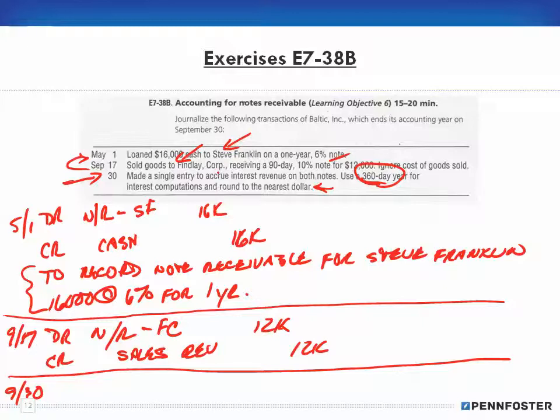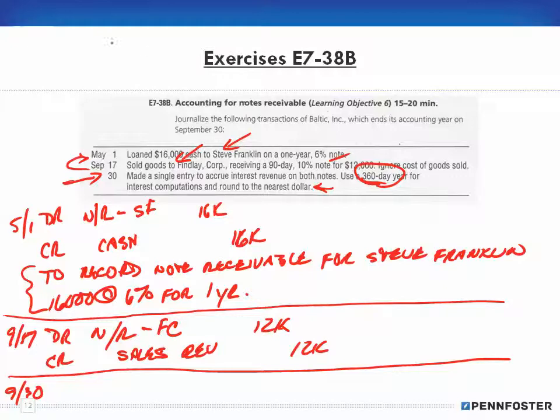That's why you would do all the interest calculations, add them up, and make the one entry, and that's why in this particular problem they're saying to make a single entry. If it was just two accounts, I would just make those two entries. It's not that big of a deal. But if I had 10 different entries, I would seriously consider doing the math and then making one journal entry. So let's do the math for Franklin.